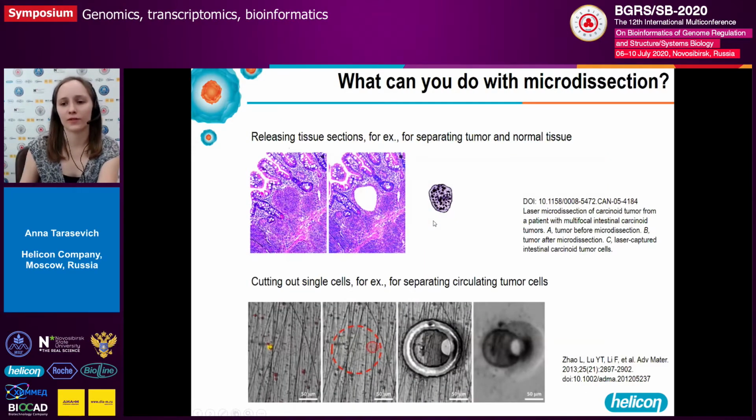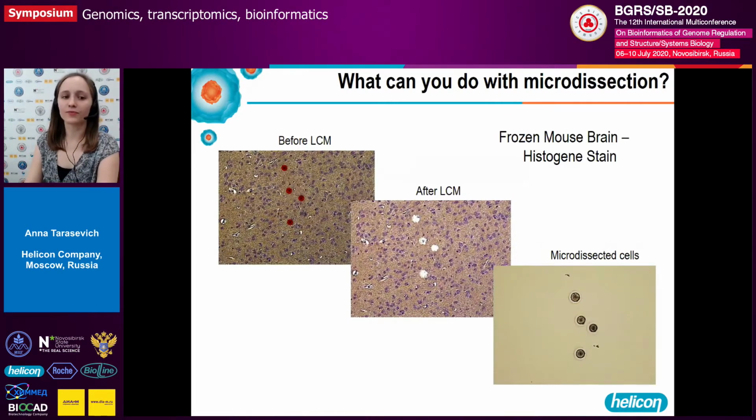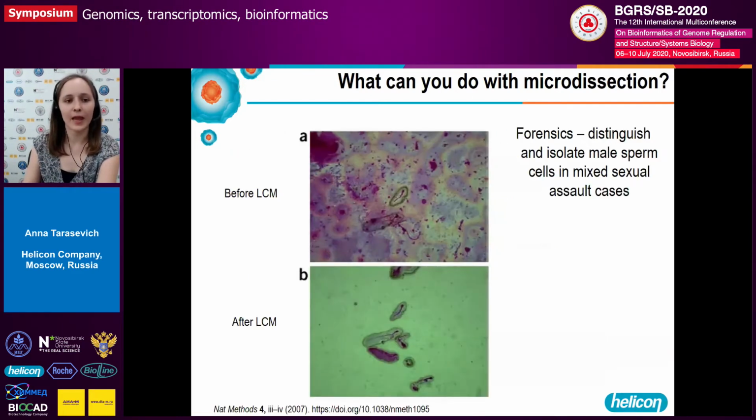So what can we do with microdissection? First of all, releasing tissue sections, for example, if you want to separate tumor from normal tissue. We can cut out single cells, for example, if we are working with cell smears from liquid biopsy samples, so we can capture circulating tumor cells. We can capture single cells, for example, from the frozen brain tissue, for example, neurons, and work with these single cells on downstream analysis.